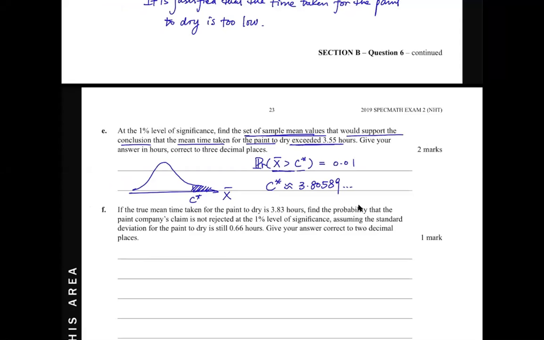To support H1, we must make sure it's rounded to 3 decimal places. So X bar is actually greater than or equal to 3.806.